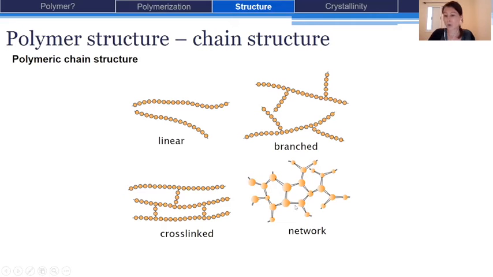The network can also be obtained another way, which is making the polymerization from monomers that have at least three reactive sites, so three functional groups that are able to react during polymerization. And in that case, it will result in a rigid structure, a rigid polymer. For example, it is the case of epoxy resins and bakelite.